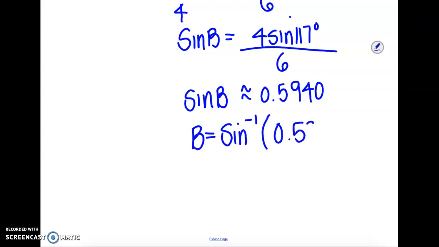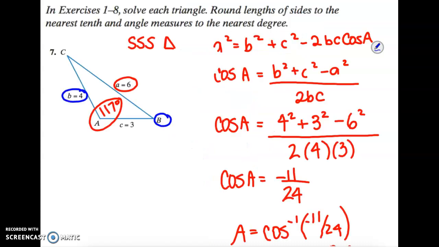Sub in that decimal value, and you get angle B to be about 36 degrees. All right, now we have this angle here, 36 degrees.